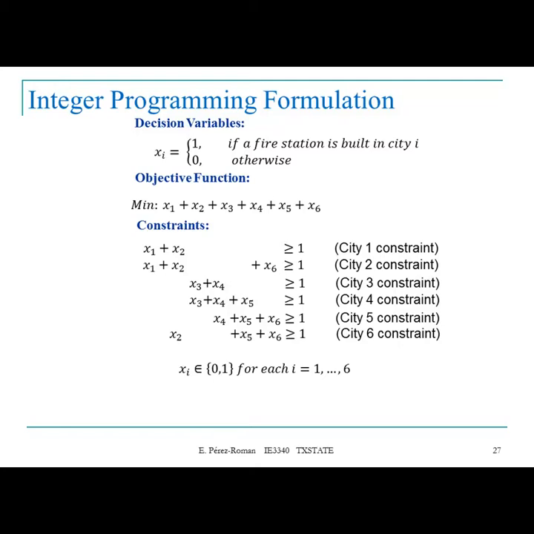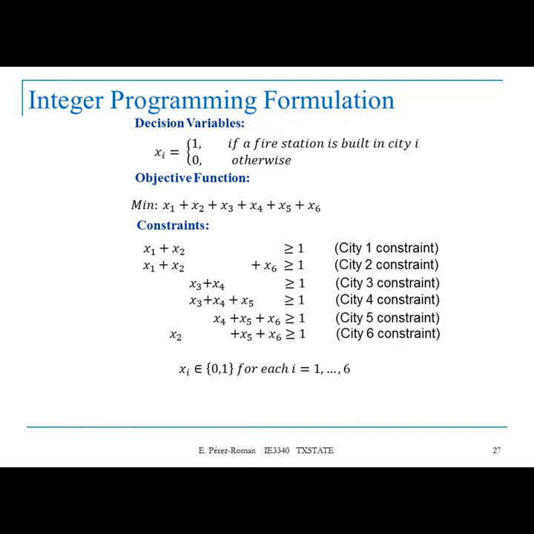Okay? And the objective function will basically force the problem to have the minimum number of stations. So you know if x2 equals 1, then you will cover cities 1, 2, and 6, right? Because it's part of this constraint and this constraint. X4 will cover the remainder, so that can be an optimal solution.